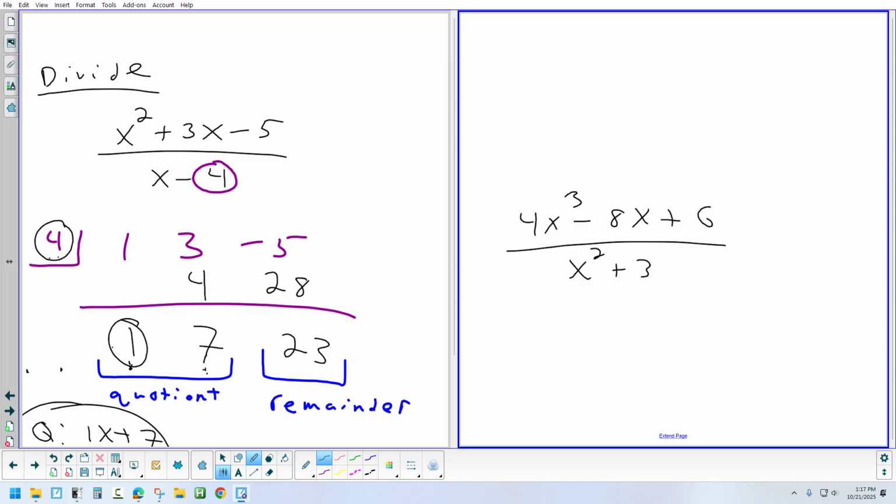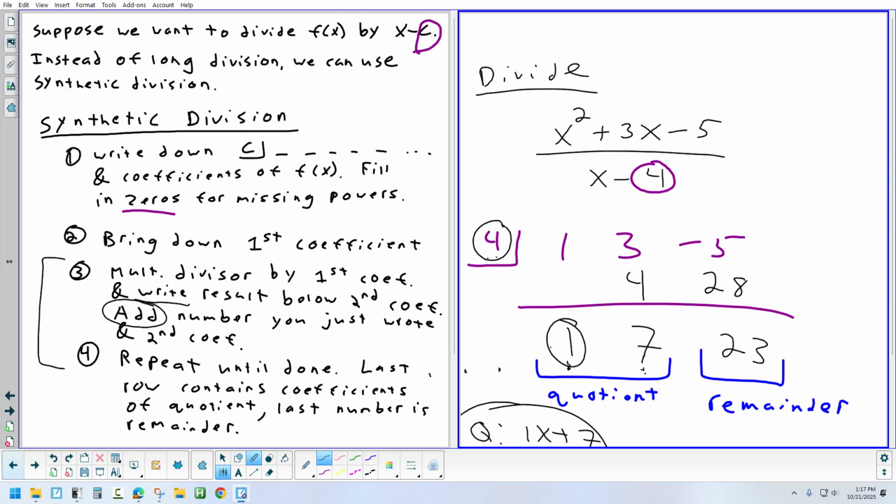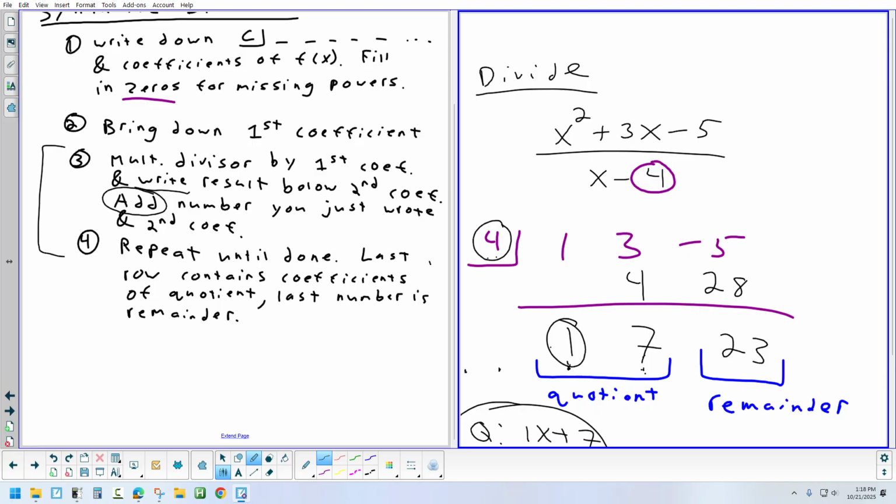Does that make sense why you can't use it? Yeah. Okay. So it's got to be an x, and then it has to be a minus, then it has to be a number in the bottom. That comes up enough times that it is worth having synthetic division.